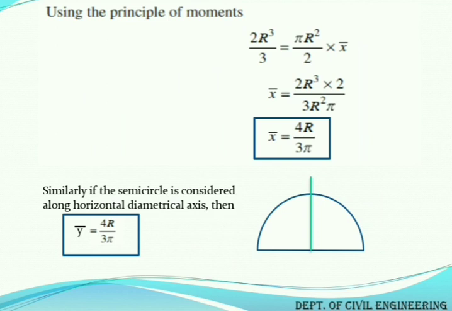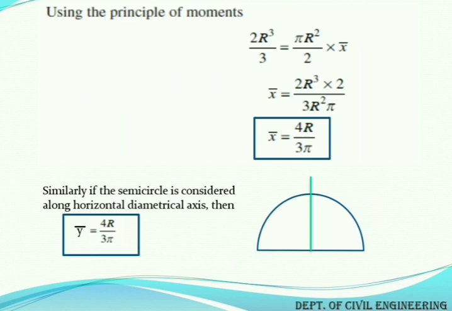Now the good thing with the semicircle is that it will be symmetrical about one axis. So if we take the semicircle as shown in this figure here, what we are dealing with was about which axis? Vertical axis. Hence if we cut it horizontally, we will get the top and bottom parts the same. Now if you consider the next type of semicircle which I have drawn in the current view, this is about which axis?